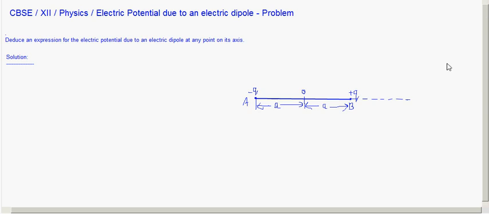Consider a point P lying at a distance r from the center O. Let the electric potential be obtained at point P lying on the axis of the dipole at a distance r from the center of the dipole.